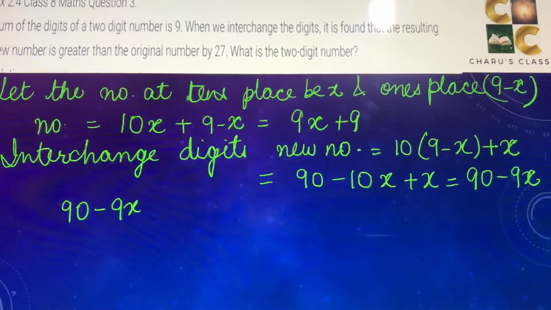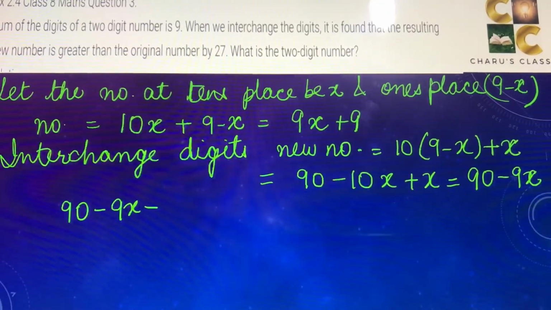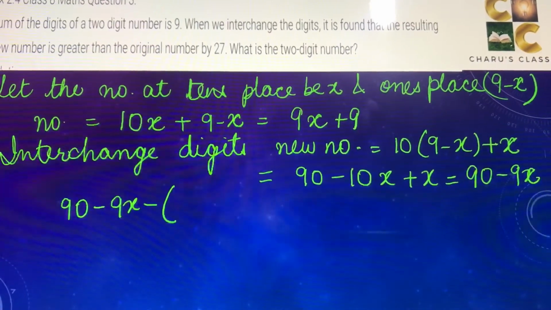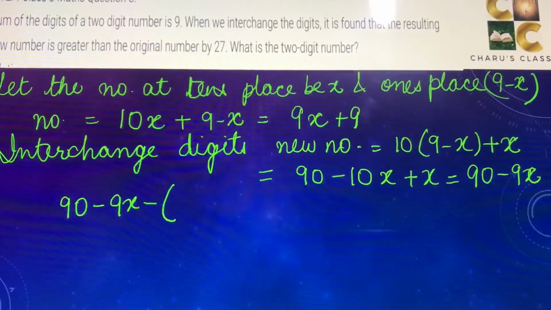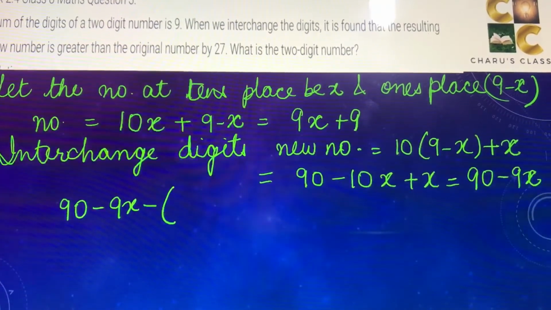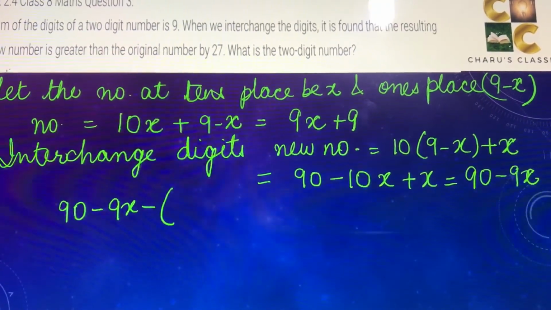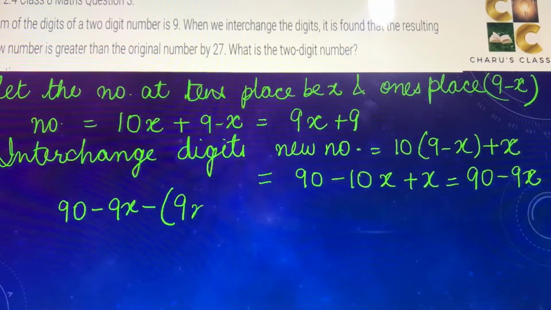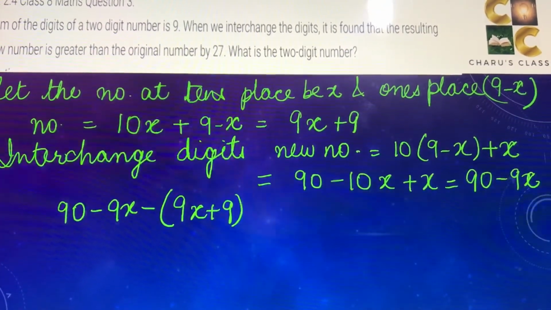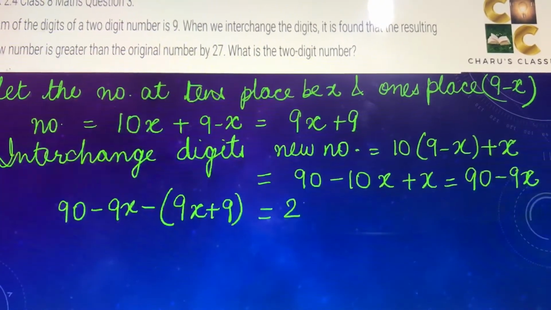So I can write 90 minus 9x minus the old number. So whenever you are writing two terms in a number, like in these questions, you have to write it in a bracket. Otherwise, we will end up doing some mistakes. So the old number 9x plus 9, it has to be kept in a bracket.